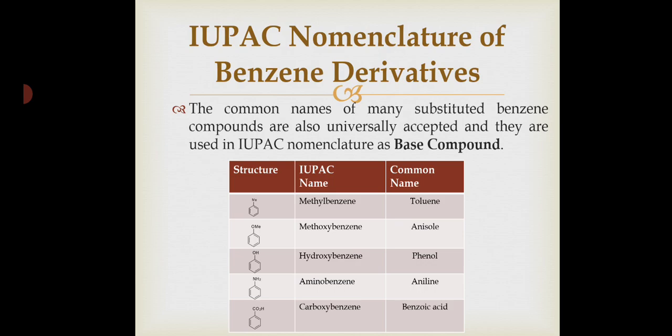For example, methylbenzene means there is a methyl group on the benzene ring. We can use the common name in IUPAC nomenclature, that is toluene. Similarly, if you have a methoxy group on the benzene ring, instead of naming it methoxybenzene, we use in the IUPAC nomenclature the name anisole.